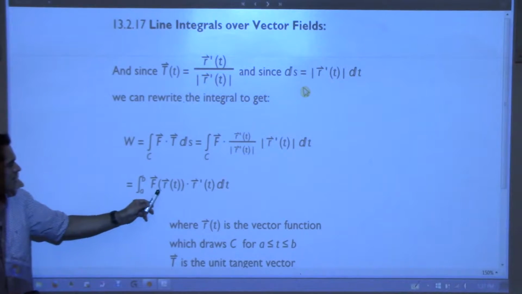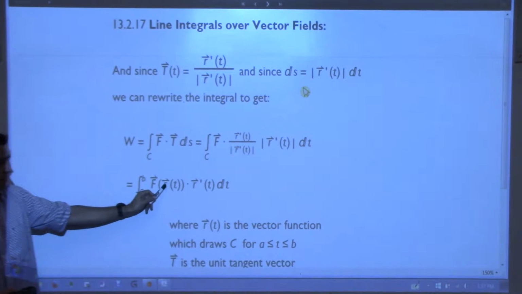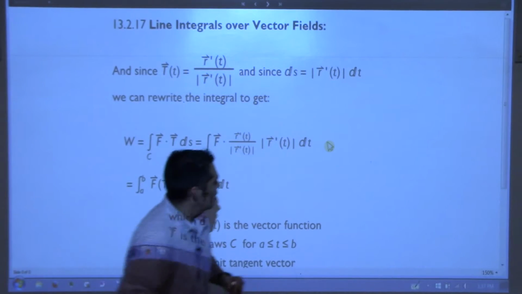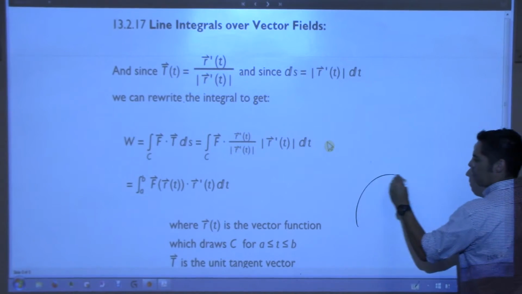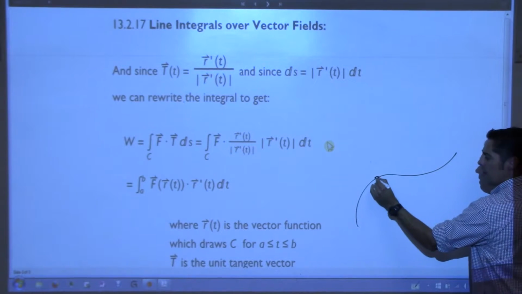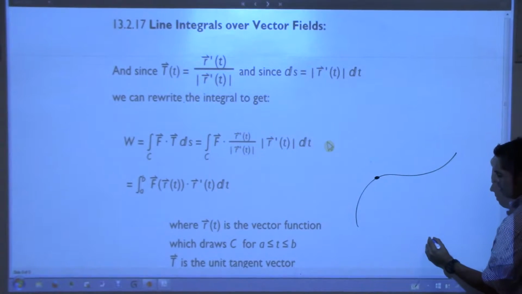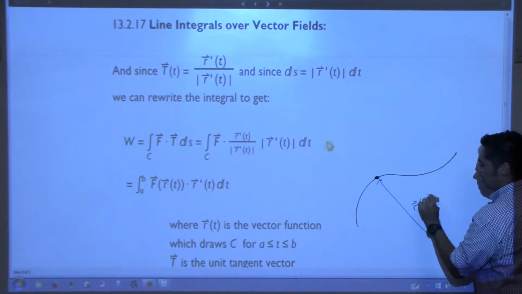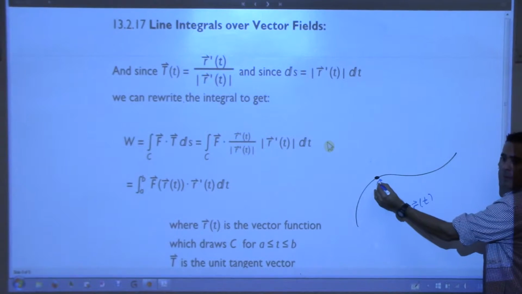That's right. We're just going to take each component function of our curve and plug it into the components of the vector field. Because remember, as you move along the curve, as I'm drawing this curve, when I say I'm at that point, that means that there is a vector, R of t, that takes me from the origin to that point.